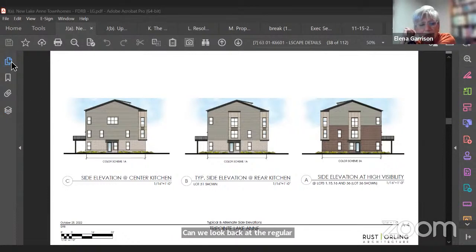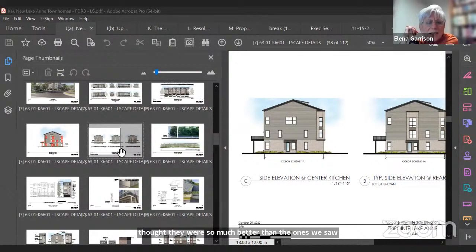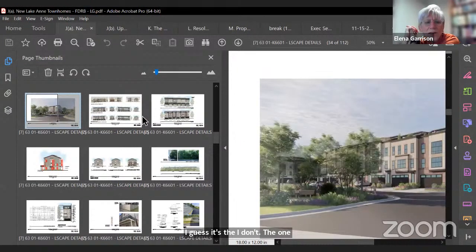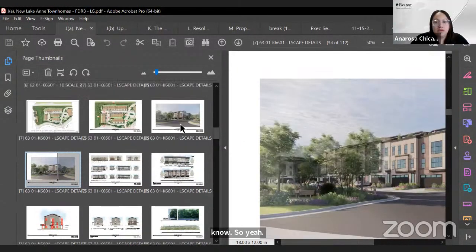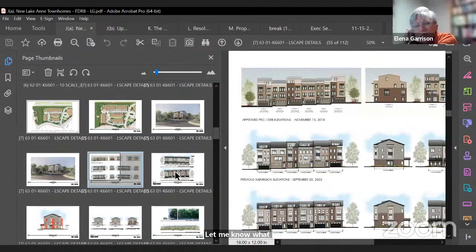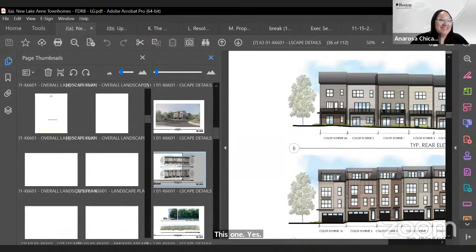I just thought they were so much better than the ones we saw before. I guess it's the one next to that. Next one. Down one. This one? And then over to the right. This one. There we go, that one. All right. Thank you.